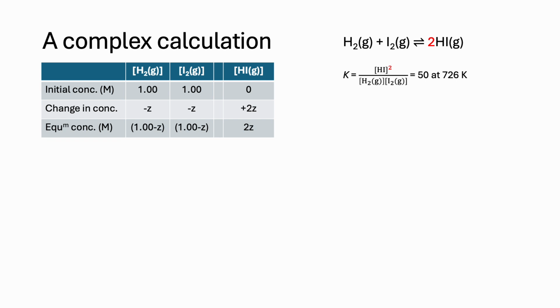So we can arrive at the equilibrium concentrations in terms of Z. For hydrogen, this is the initial 1 molar minus the change, Z. For iodine, it's also 1 molar minus Z. For the amount of HI that we generate, it is 2Z.